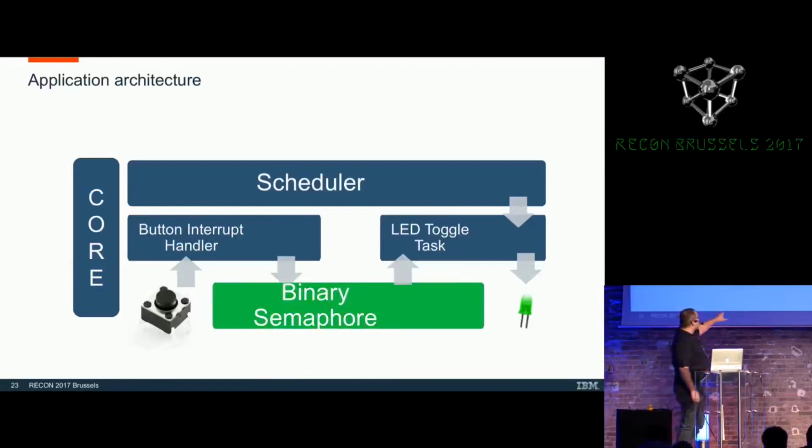It will become available. The LED toggle task will wait for the binary semaphore to become available, and when it detects that it is available, it will toggle the LED and make the semaphore unavailable again. So it cannot do two things. It cannot toggle twice at the same time. Next time, only the button handler needs to set the semaphore again.